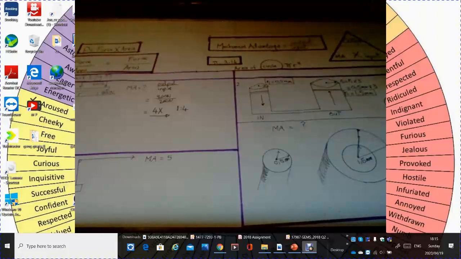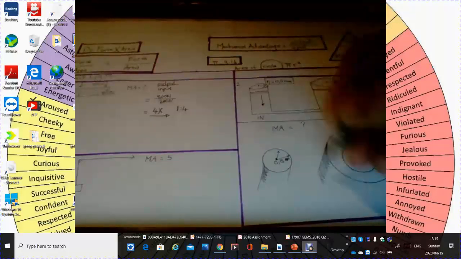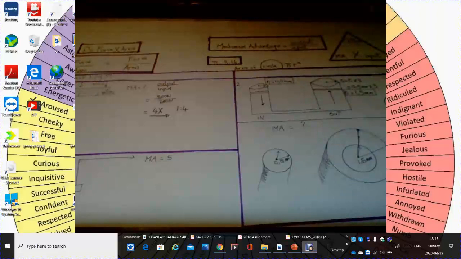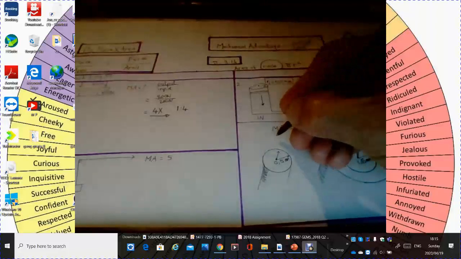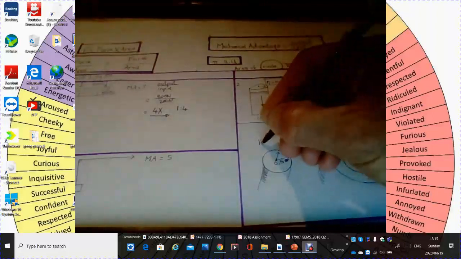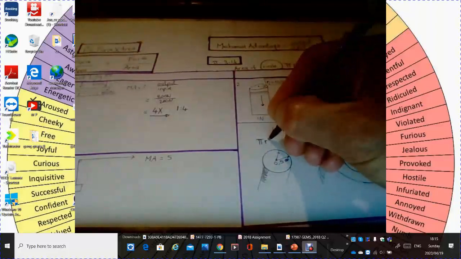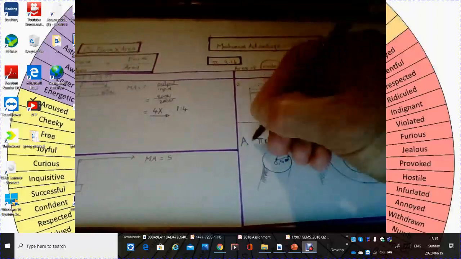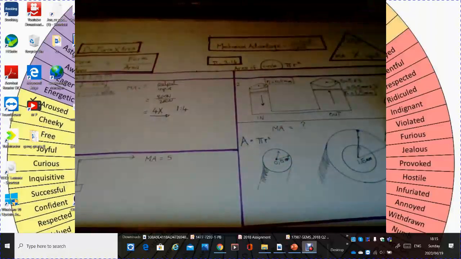So pi is a ratio, almost like working out the circumference of a circle in relation to the radius. So in order to work out area, we go back to our formula. Area equals pi r squared.